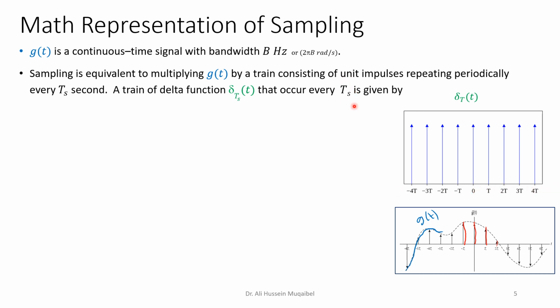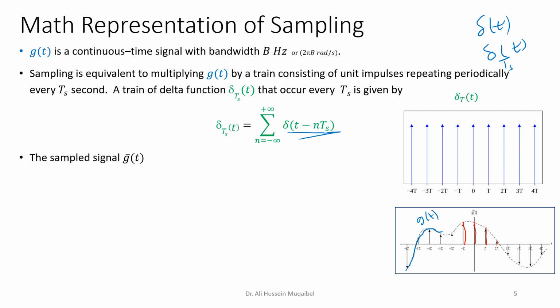If the spacing is Ts, we'll call it delta subscript Ts, to represent a train of impulses that is spaced by Ts. So remember that delta of t is just one pulse, delta subscript Ts is a train of impulses. In math, we can represent the train of impulses by delayed and shifted deltas. They go from minus infinity to plus infinity.